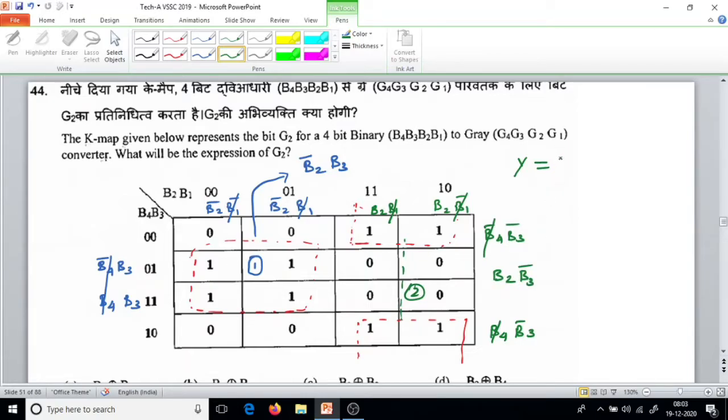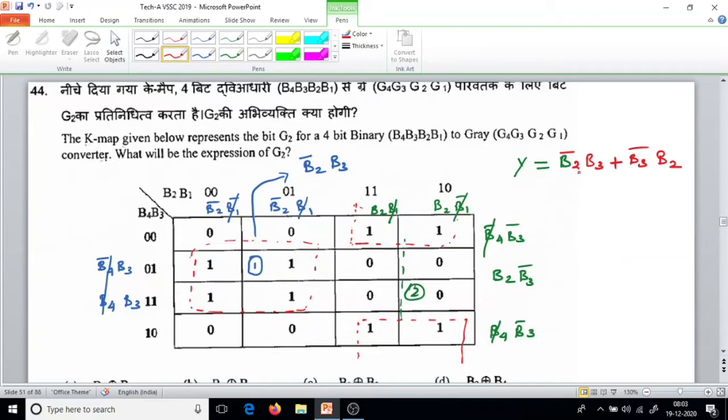So we can write the output y equal to B2 bar B3 or, from these two terms, what is left: B3 bar B2. That is what is left.